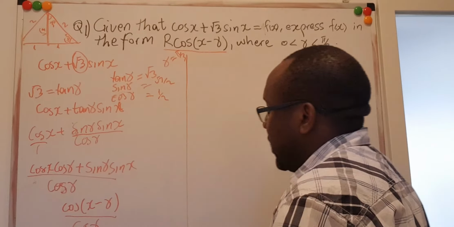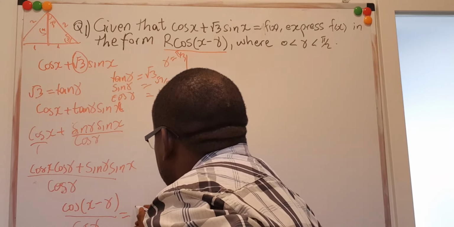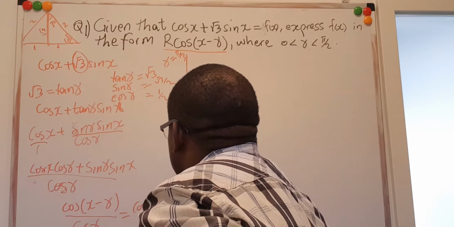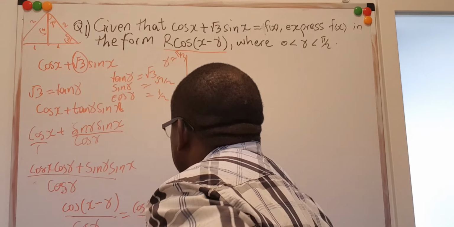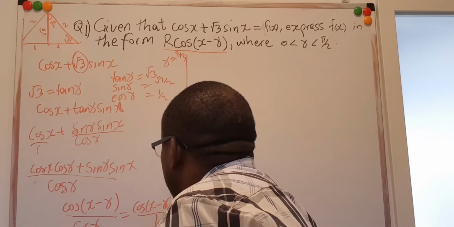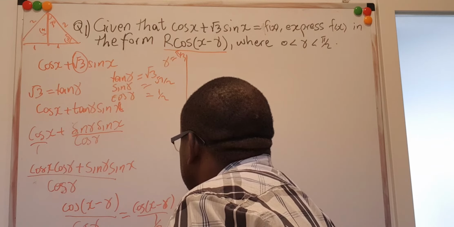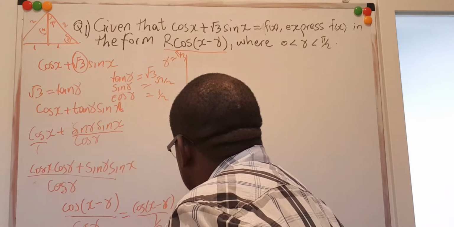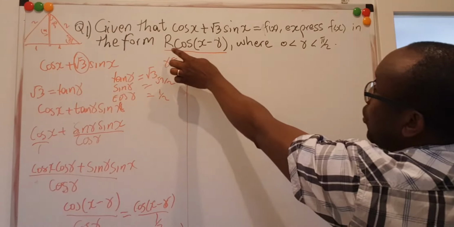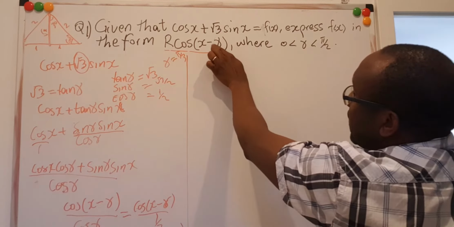But the cosine of gamma is half. So this is cos(x minus gamma) divided by half. If you divide by half, it means multiplying and inverting. And this is 2 cos(x minus gamma), where gamma is pi on 3. So it's done. We have it in the form cos(x minus gamma).